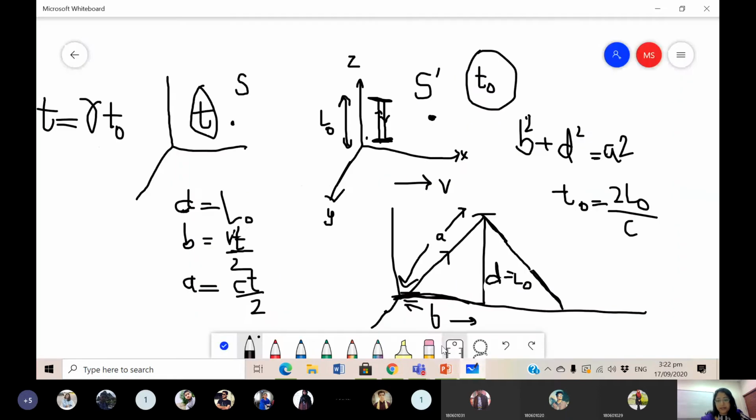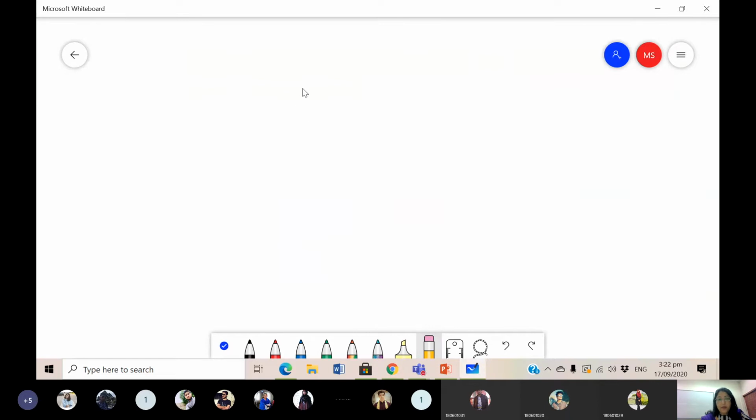So basically, can I erase the board now? Yeah, I will erase it. So we're saying that T is equal to gamma T0.